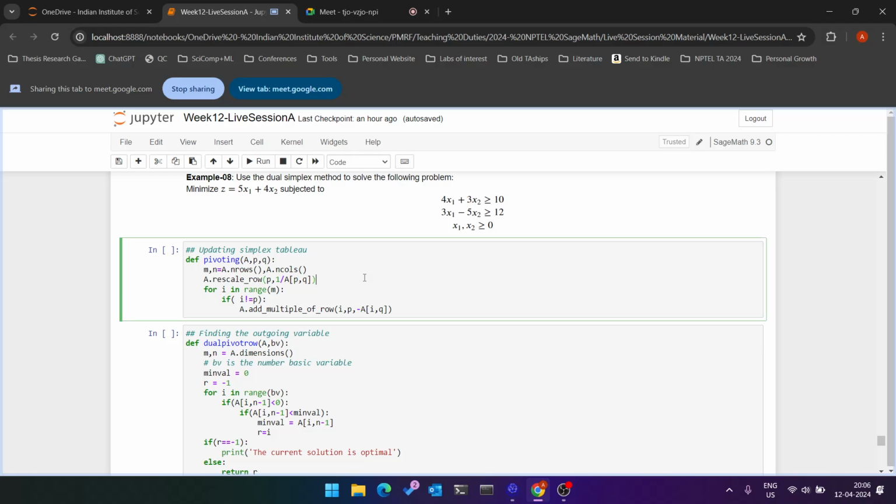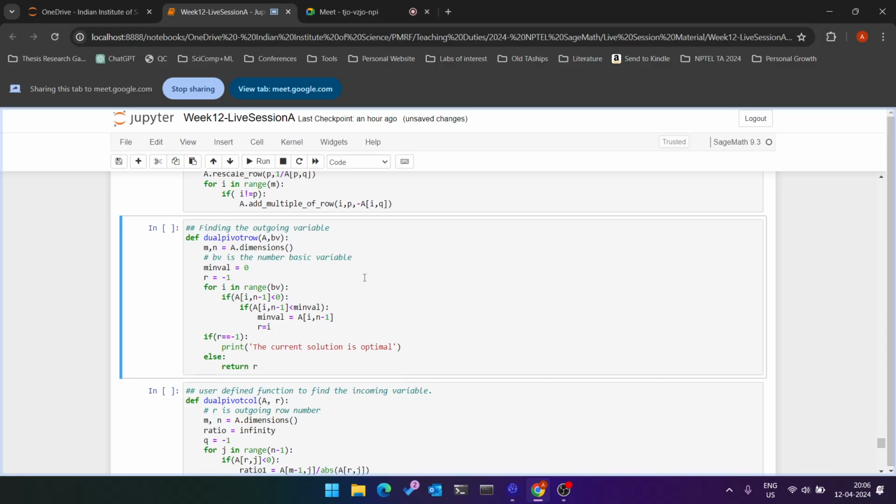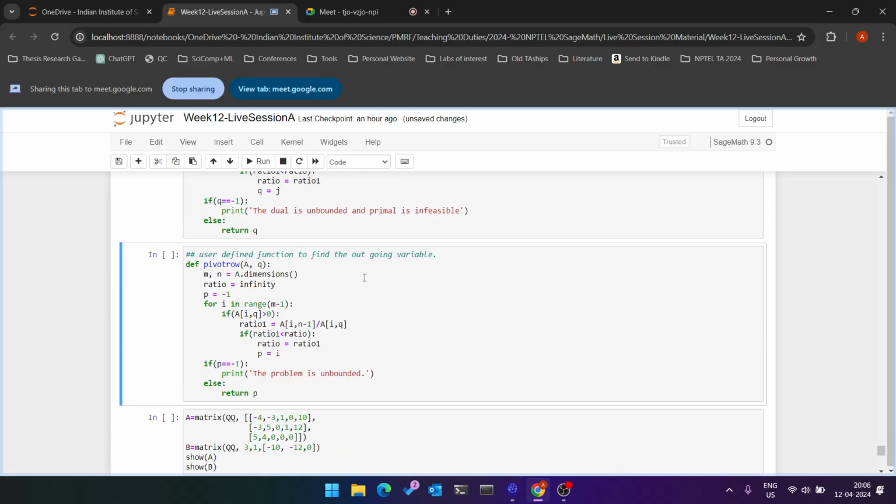The pivoting function updates the simplex table, nothing too fancy. Then dual pivot row finds out what my outgoing variable is. Dual pivot column finds out my incoming variable.